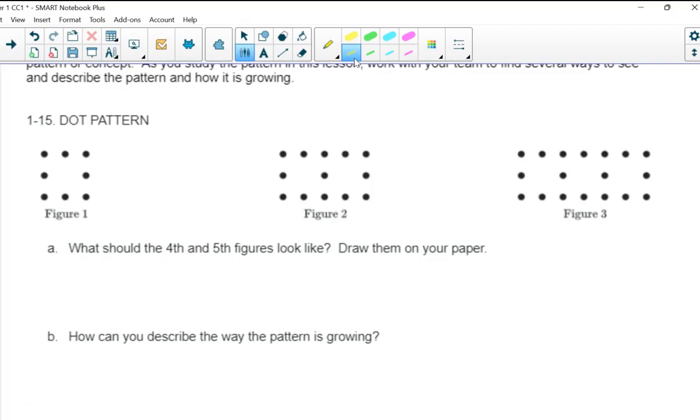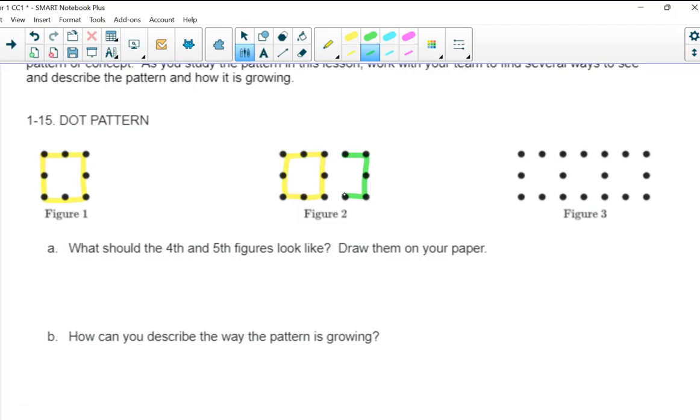So I see figure 1 has 1 square, and I see figure 2 has 2 squares, right? All right, so figure 1, I have all of this. And then if I highlight all of that in figure 2, okay, what was being added? Well, it was this little piece right there, right?